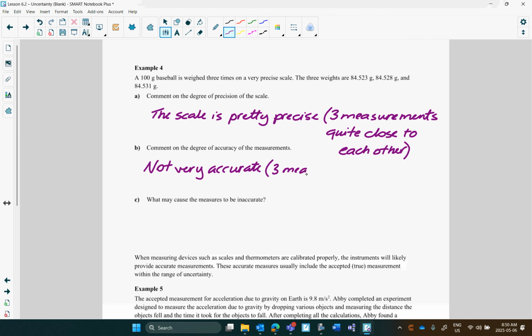The three measurements are quite lower than the true measure of 100 grams.